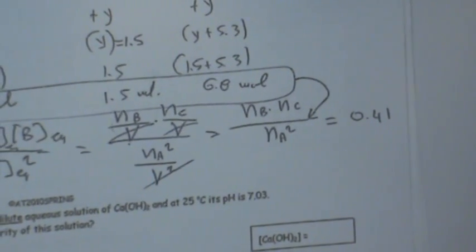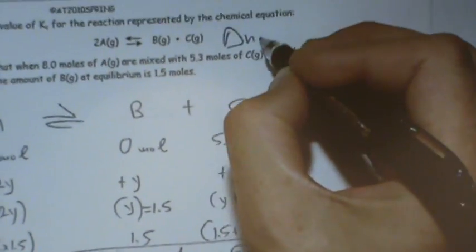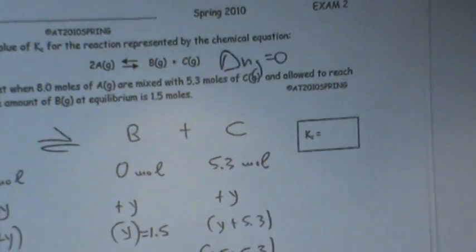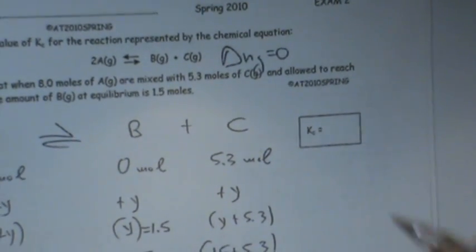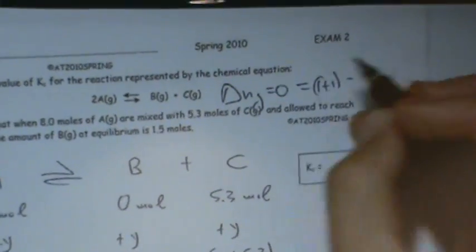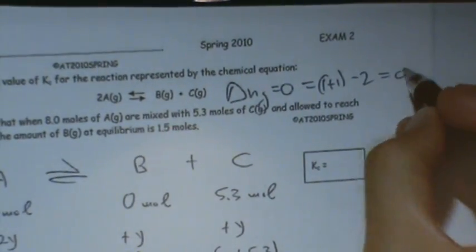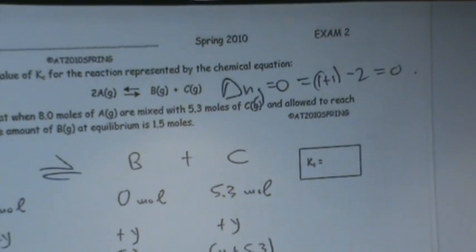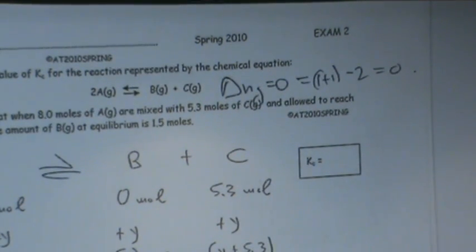Now, if you have experience, you know that when delta Ng is equal to 0, for this reaction, delta Ng is equal to 0. Can you see that? Because it's 1 plus 1 minus 2 makes 0. Only the gases, not solid or liquid, only the gases. So delta Ng is equal to 0.